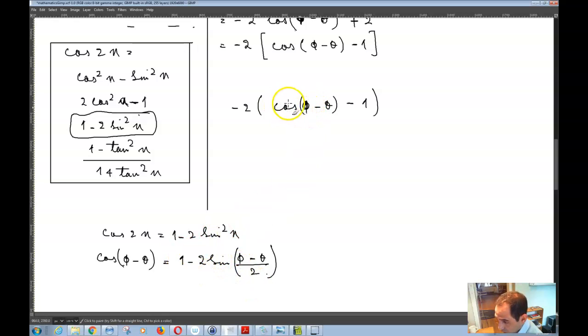And so now instead of cos of phi minus theta, I can write 1 minus 2 times sine squared of phi minus theta divided by 2.